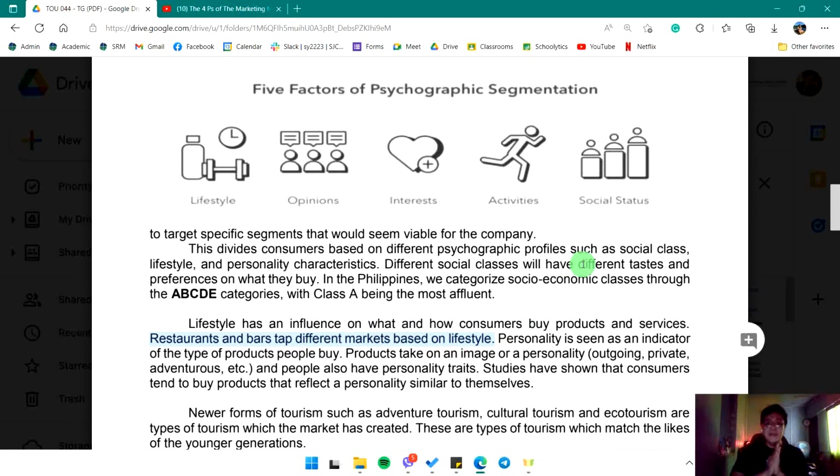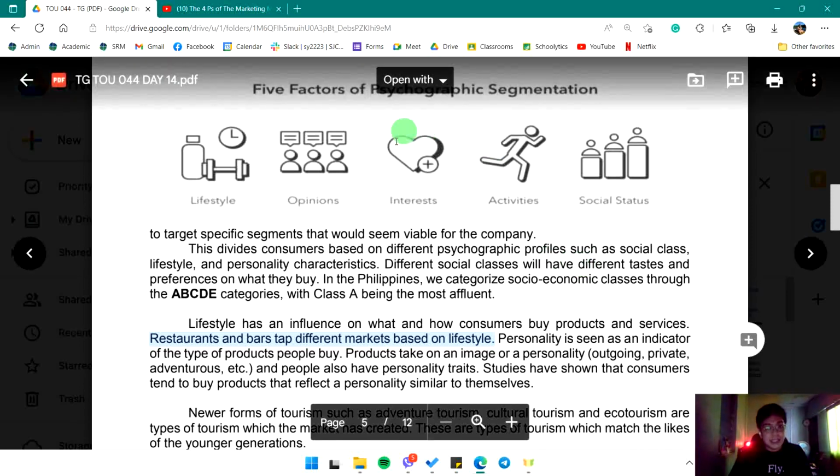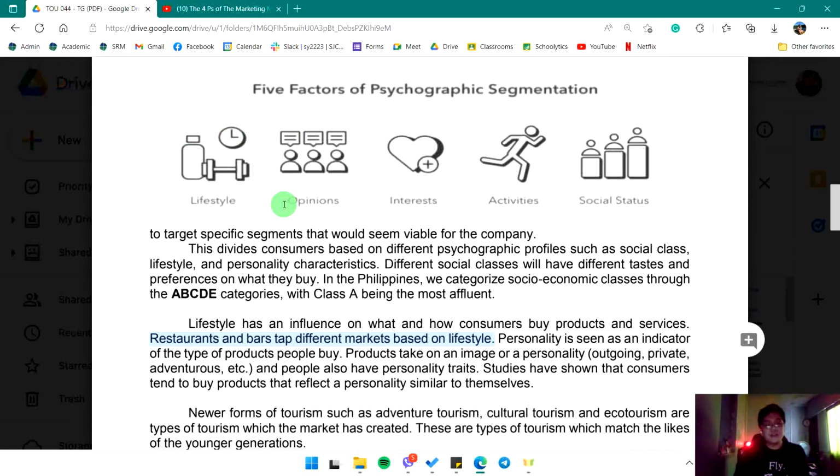Of course, iba ang pagbebenta ng different restaurants and bars on different lifestyles of the people. Like say for example, we have sports bar. Sports bar are for people who have an interest on sports, and one of the lifestyle that they do is also sports. Doon sila pupunta sa sports bar.